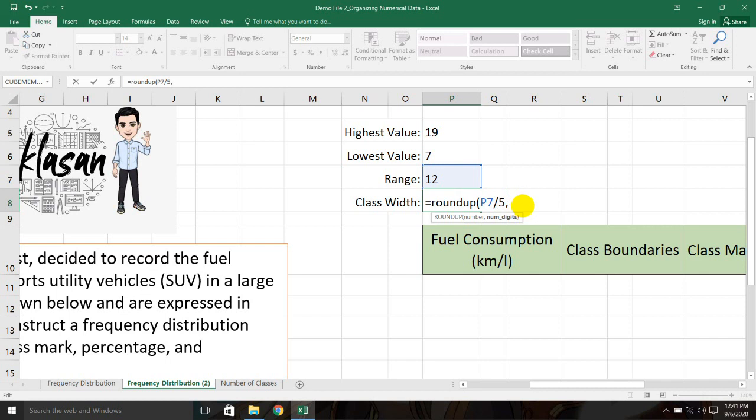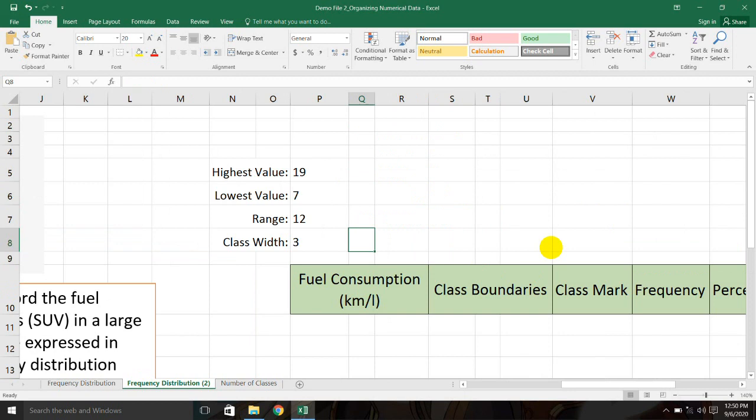So I'll put here the number of digits of our rounded-up value, 0. Then press enter so that the class width will become 3. And we always need to round up the value because if we do not, there is a tendency that the number of classes won't be enough in the distribution.